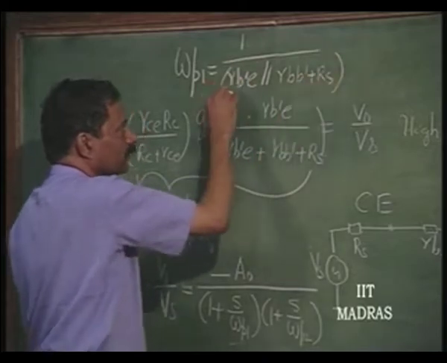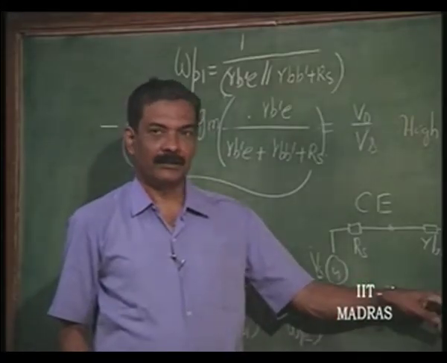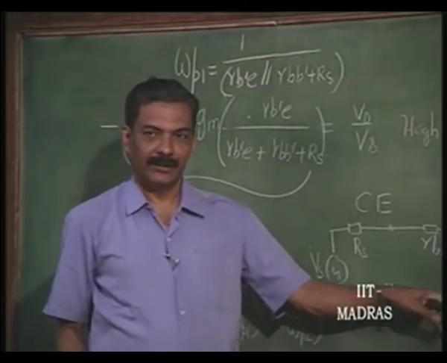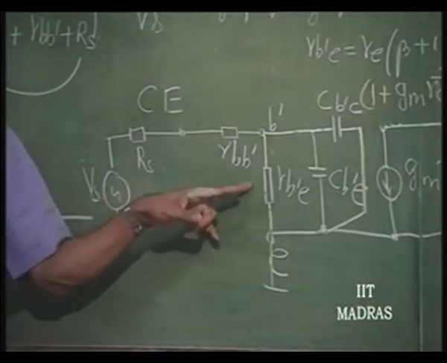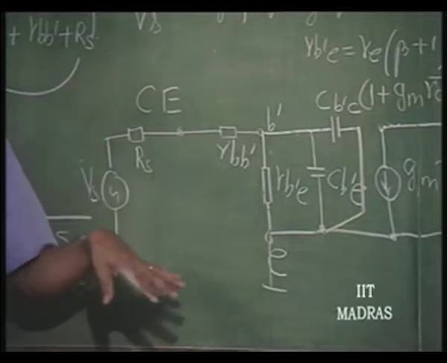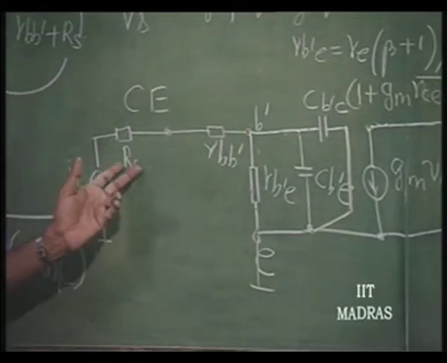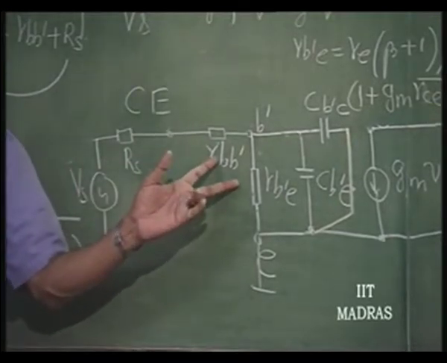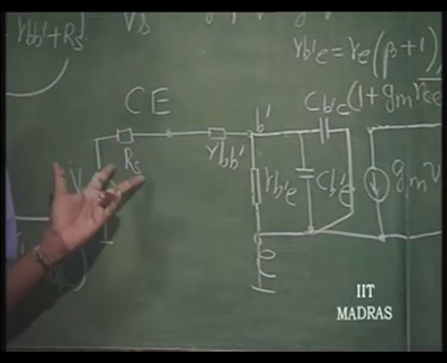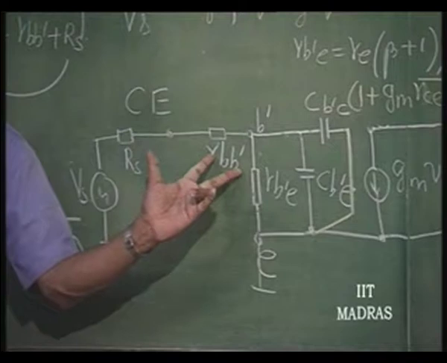This is important. If it is driven by a current source, Rs is infinity, then this will be just Rb dash e. If it is driven by a voltage source, it will be very nearly 0. That means this time constant does not come into picture at all if it is a voltage source here. Normally, even if Rs is 0, Rbb dash comes into picture. That is the significance of Rbb dash at high frequency. Even if you are able to make Rs equal to 0, there is a series resistance which is Rbb dash.